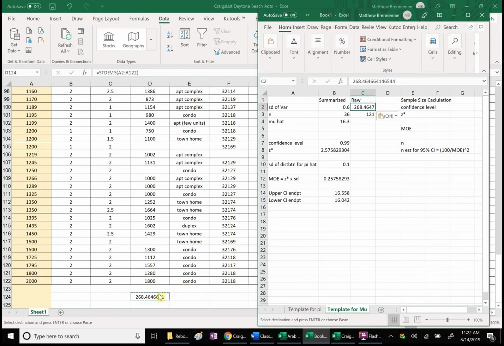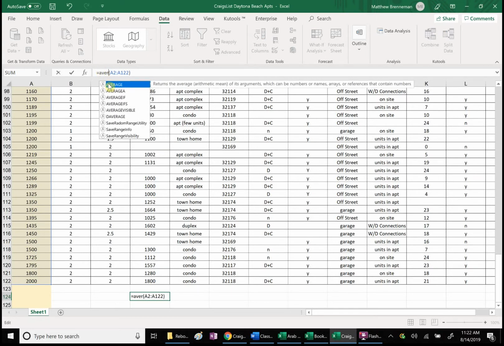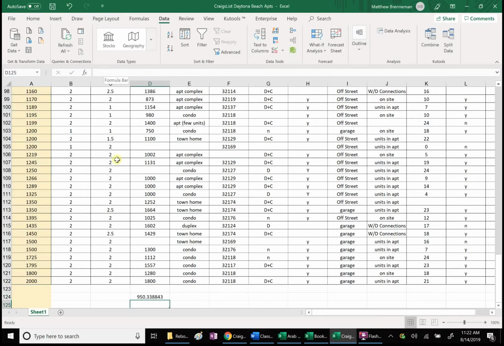I also have to compute the average, and so I'm going to use the same thing. I'm just going to change this to AVERAGE. I'm going to use the same range, of course. I'm just going to type it in. So the average apartment price is 950.